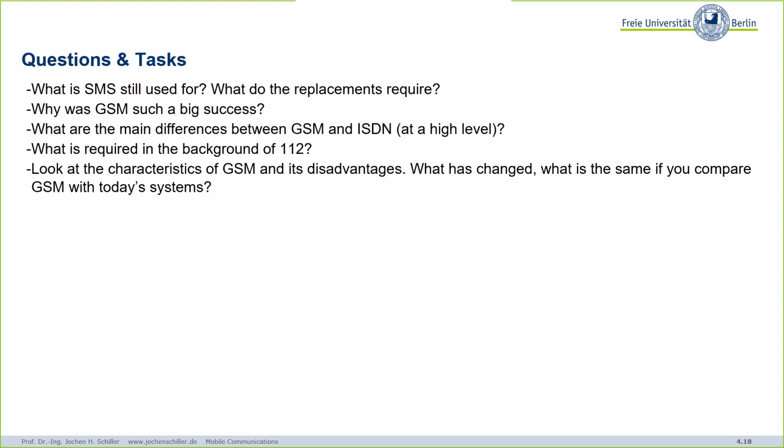So you need databases mapping street-wise the location to the firefighters, ambulance, whatever, responsible for this street. And this is why we need this kind of mapping already in the initial days of GSM.